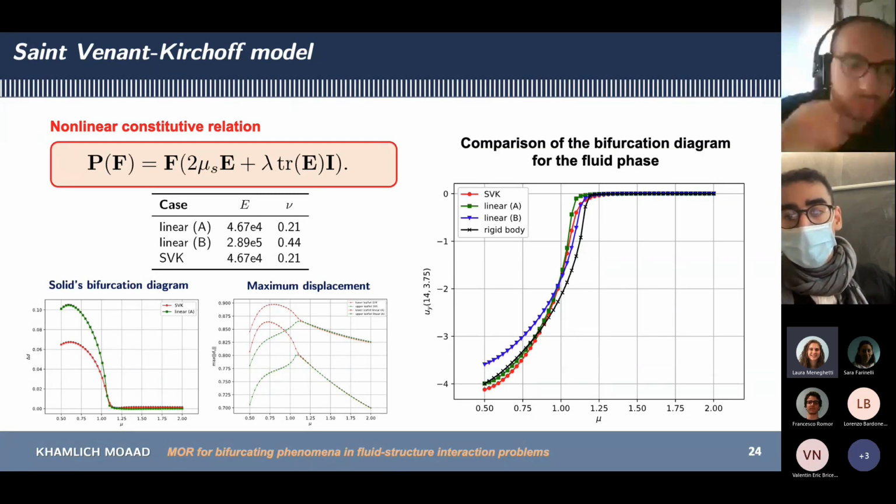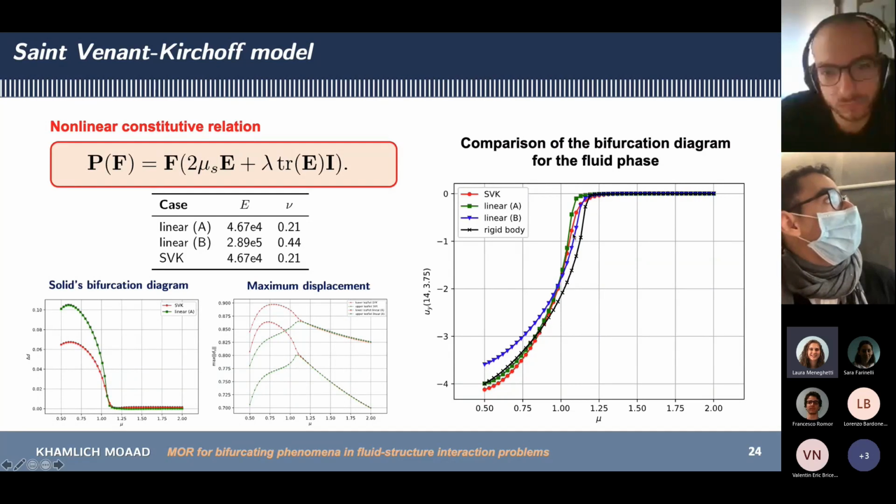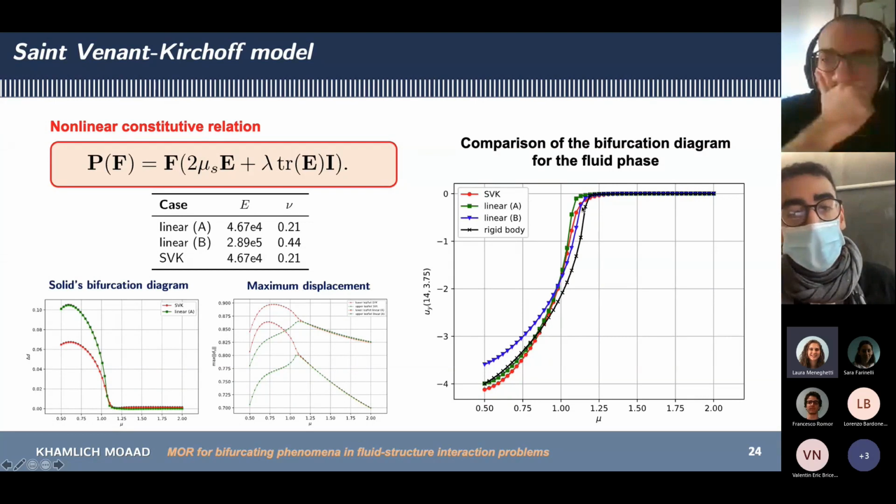And the last comparison we carried out was between all the models under consideration. So we have the rigid structure case, which was the first one we have shown, and then we have two linear models, one more stiff and the other less stiff, and then we have the nonlinear Saint Venant-Kirchhoff model.